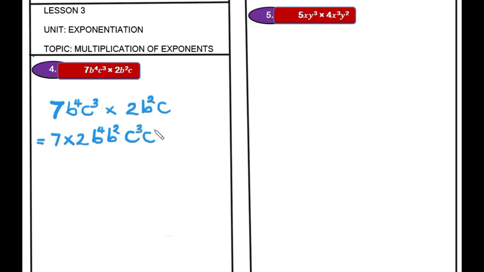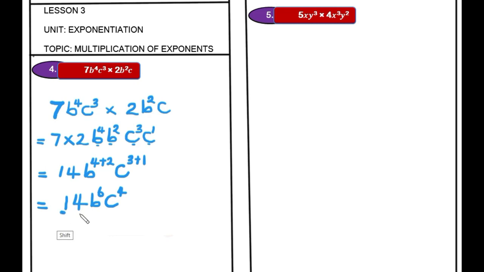And in this case, c is to the power of 1. So we will get 7 times 2, it is 14. Then since this base is the same as this base, we will get b to the power of 4 plus 2. Then since c and this is c, we will get c cubed plus 1. And we get 14b to the power of 6 c to the power of 4. And this becomes our final answer.